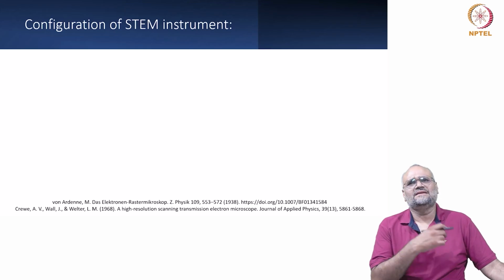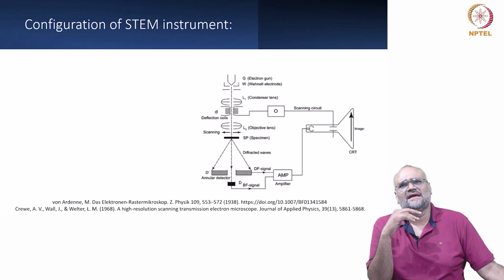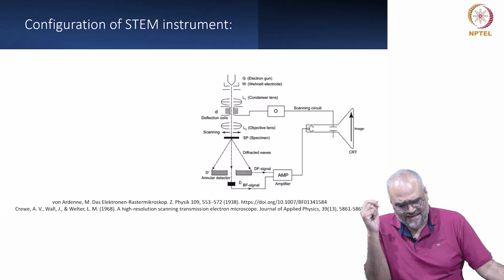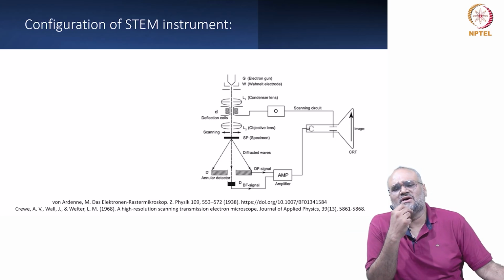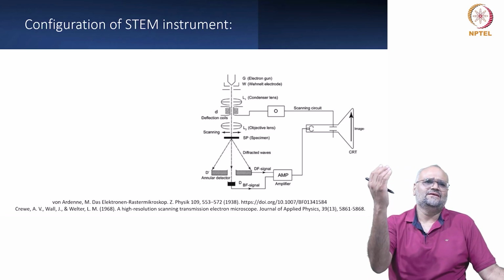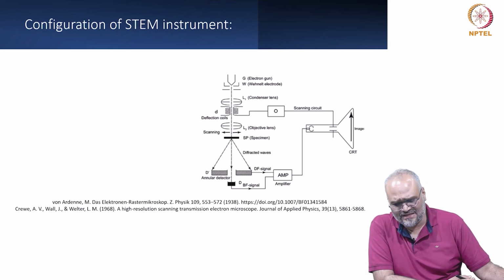So if you look at the configuration of a STEM instrument, here is how it looks. This is a slightly more elaborate version than the ray diagram that we saw in the previous lectures. The idea is you have a dipole or a deflection coil, and once you form a probe from the field emission gun, ideally you get the best possible resolution.